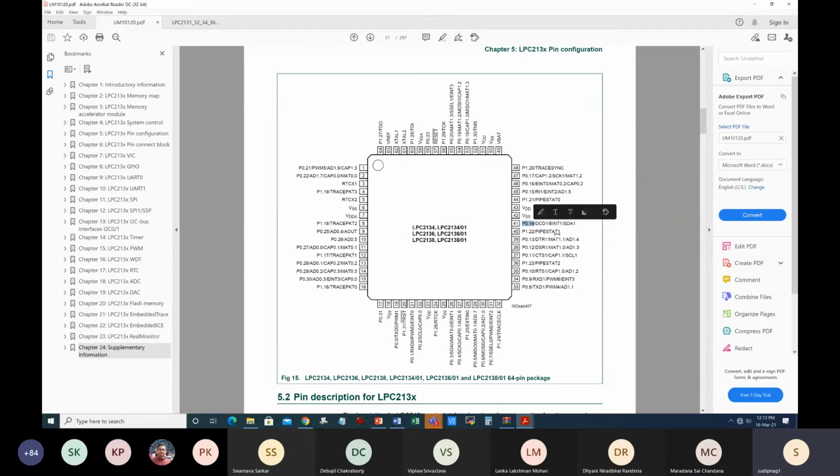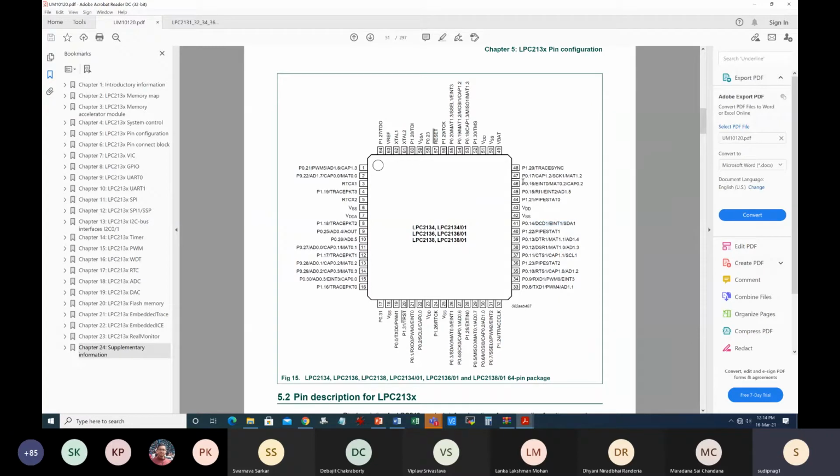If I want to use it as digital input or digital output, or general purpose input output in the digital domain, we should use it as P0.whatever number is given or P1.whatever number is given. But what comes after this is called the alternate functions of a given pin. So the pins could be either GPIO or alternate function, and there could be multiple alternate functions.